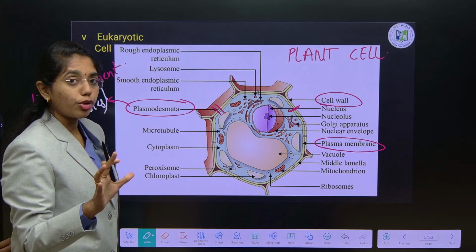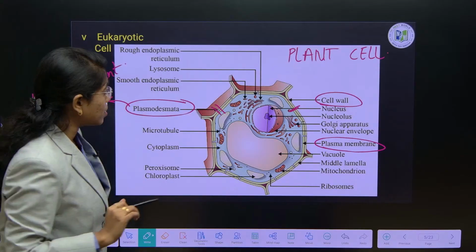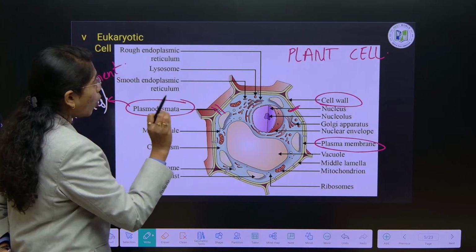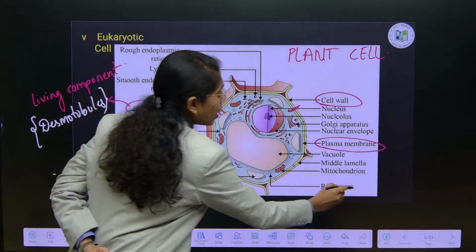Now we will first look into the non-membrane bound organelles that are present in a plant cell. The only non-membrane bound organelles are ribosomes.